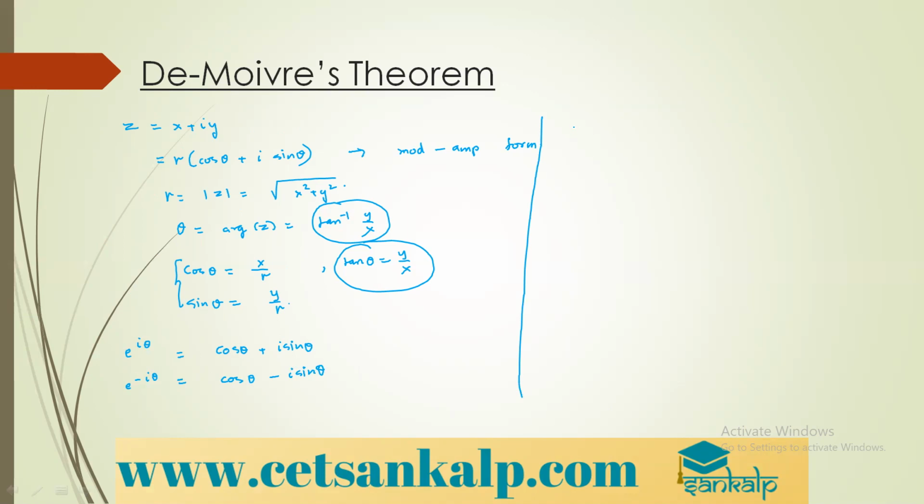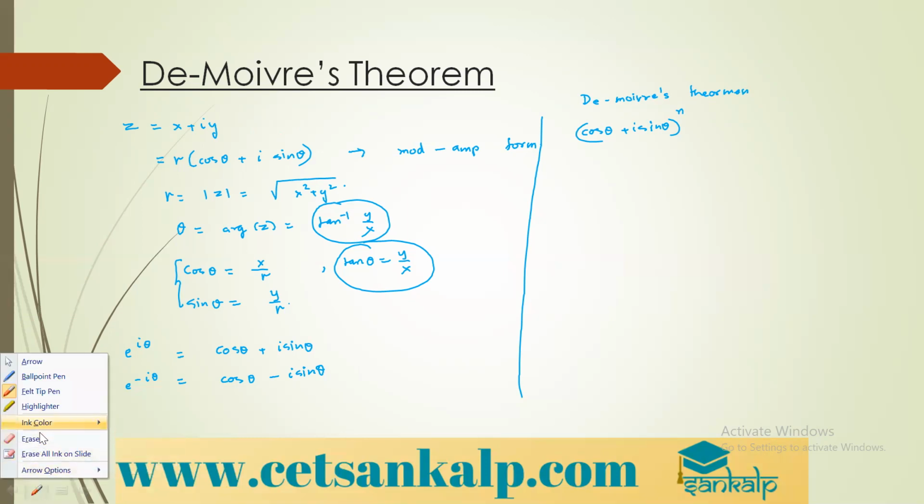But what is De-Moivre's theorem? If you have cos theta plus i sin theta whole power any number n, then we can use something called De-Moivre's theorem. According to that, you will get many values for this. But one of the values you can easily find.